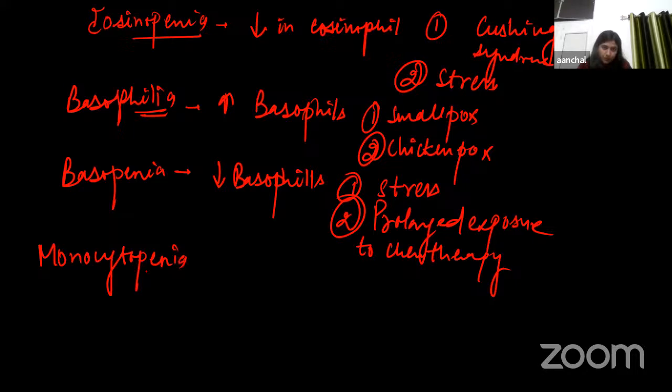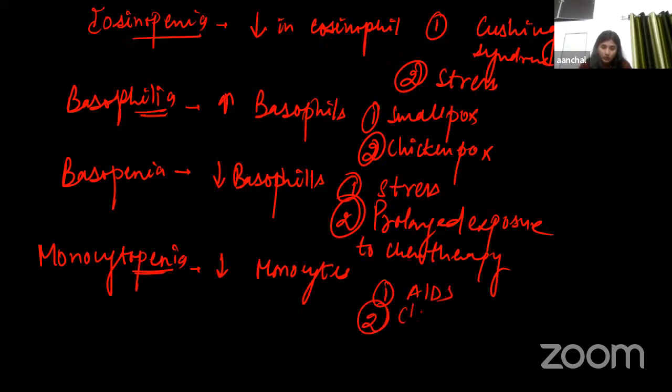monocytopenia. So again, penia indicates decrease in monocytes. This could arise in case of AIDS or in case of chronic lymphoid leukemia. Okay.